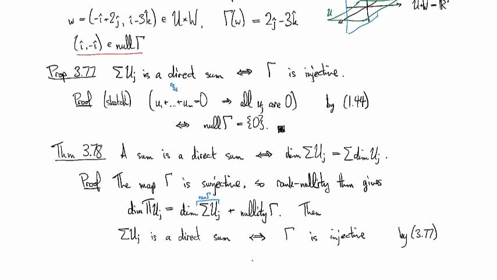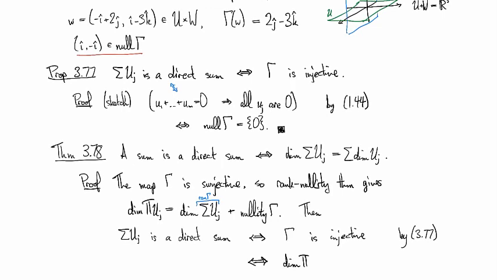So this is going to be equivalent to saying that the dimension of the product of the UJs is equal to the dimension of the sum of the UJs.